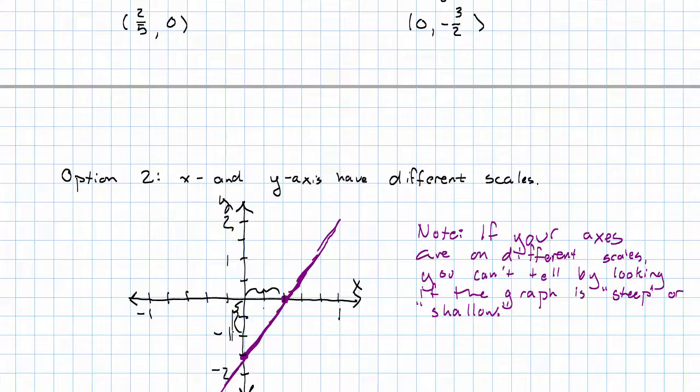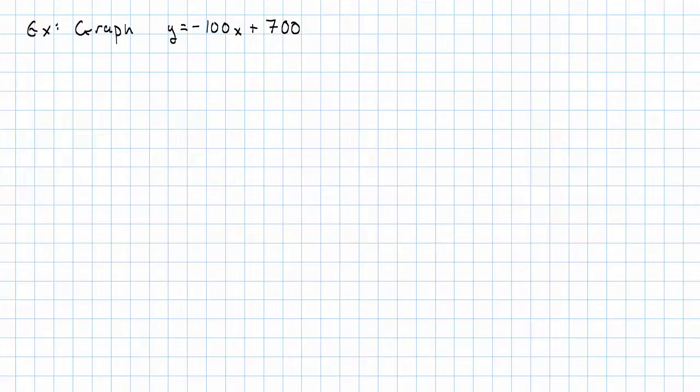However, sometimes we really, really need our axes to be on different scales. For example, suppose we want to graph y equals negative 100x plus 700. We certainly don't want to graph that by having our x-axis go all the way up to 700. We don't have 700 squares available to us.